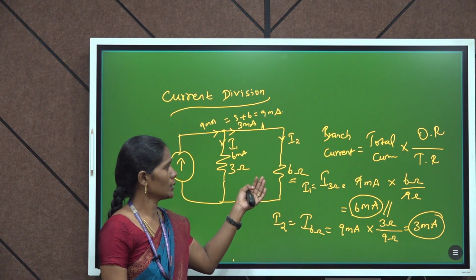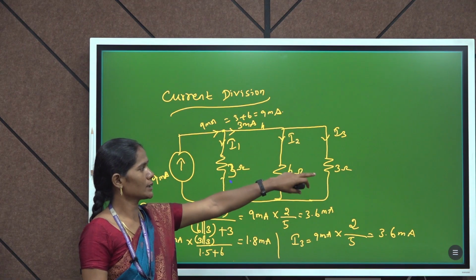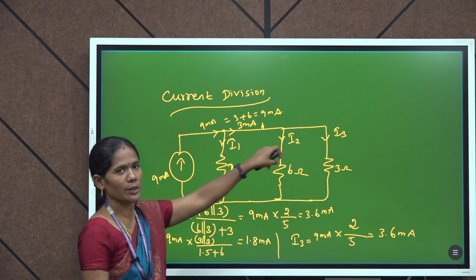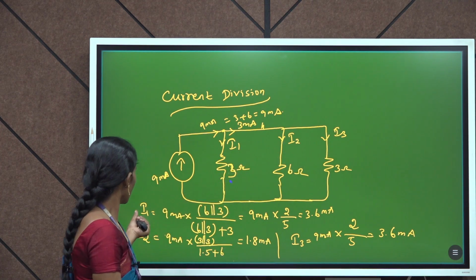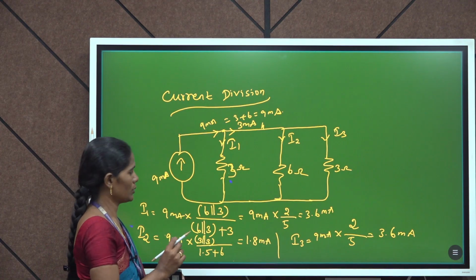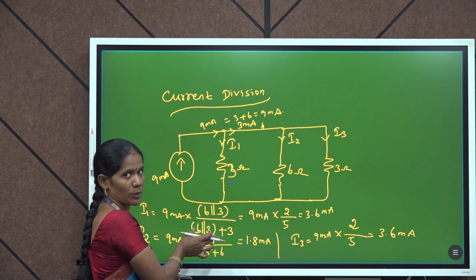So, we can add one more branch in this scenario. With the addition of a third branch, a 3 ohm resistance here, we can find I1, I2 as well as I3. I1 here is the total current multiplied by the particular ratio. The ratio numerator is the opposite resistance divided by the total resistance.